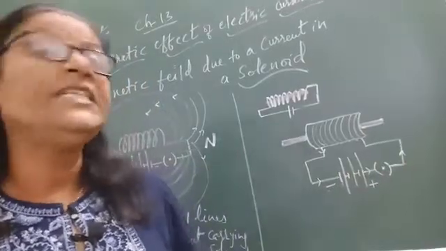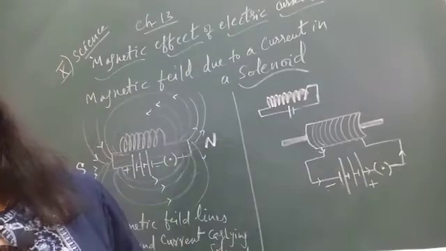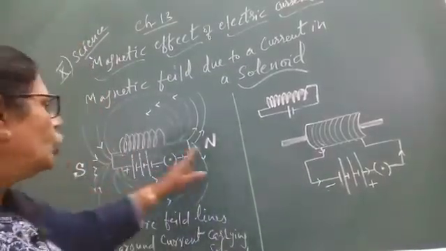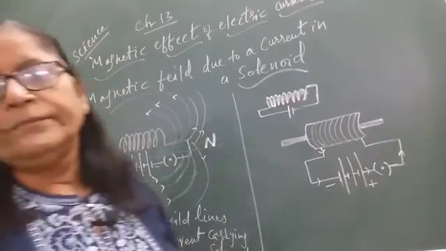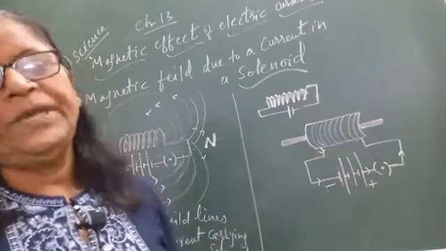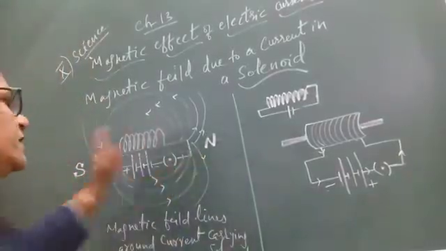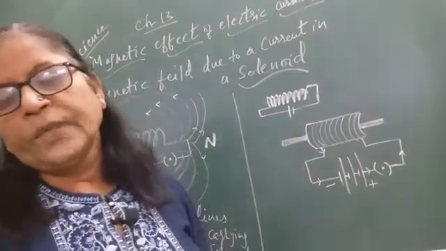Yes, these lines are similar. In fact, one end of the solenoid behaves like a north pole and the other end like a south pole. So here we show N and S. N means north pole, S means south pole.